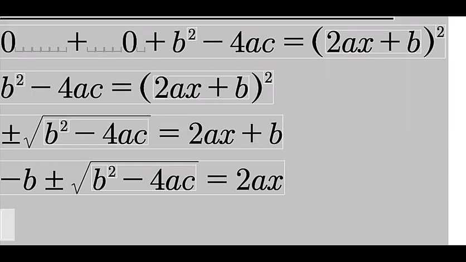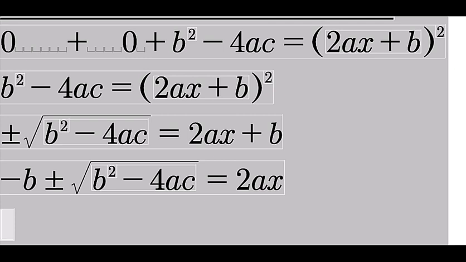Then finally, what we are solving for is x. Okay, how do we solve for x? We shall divide through both sides of the equation by the coefficient of x, which is 2a, so far as a is not equal to 0.